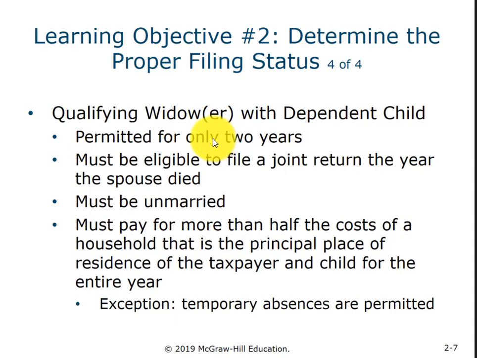And then you must pay, and it's not just have a dependent child, you have to pay for half the cost. They have to live with you, it has to be a child, and they need to be under the age limit, for a child that lives with you, so that is a dependent.